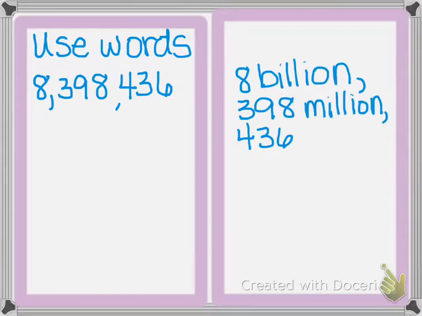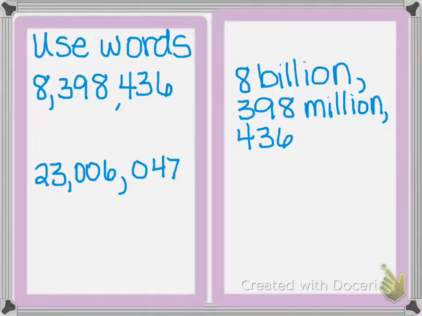So we would make it look like this. 8,398,436. Do you see how I did that? The 8 was in the billions column. 398 was in the millions, and then our 436 in the last 3 columns.